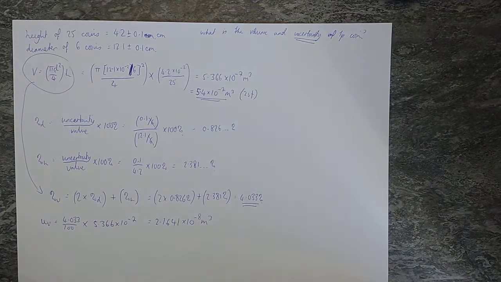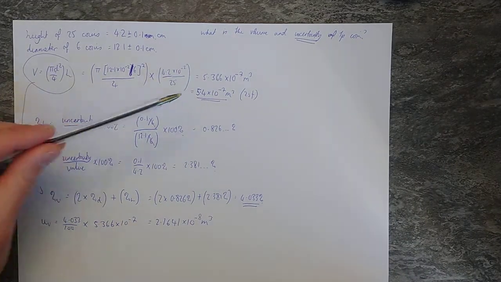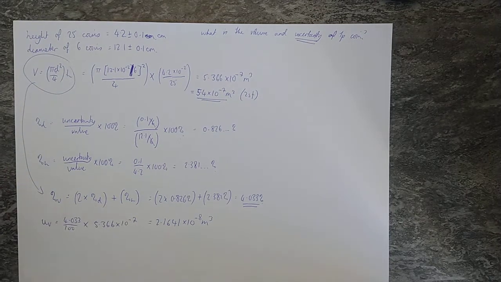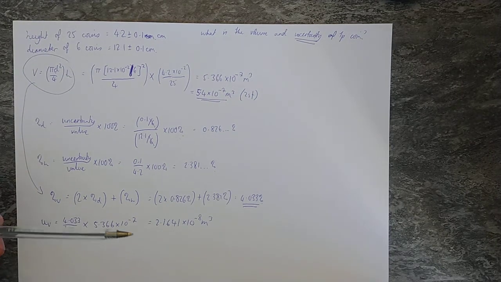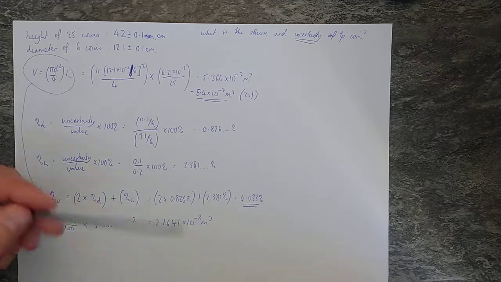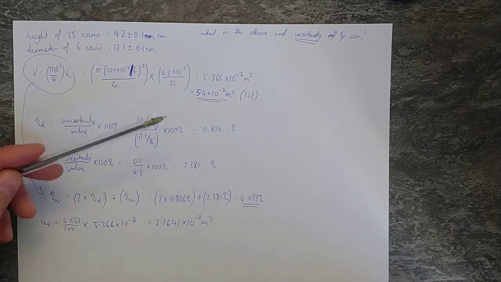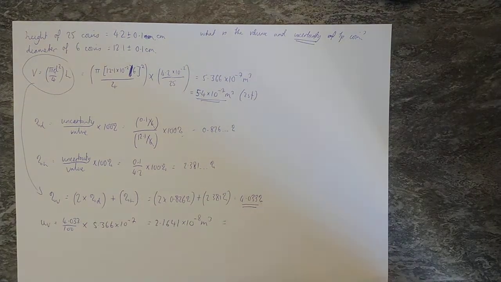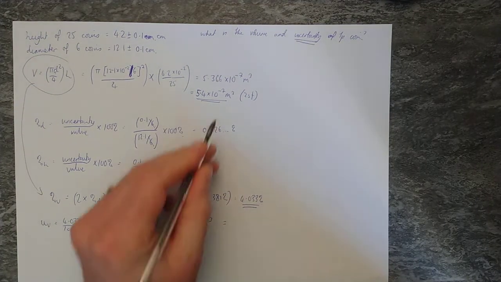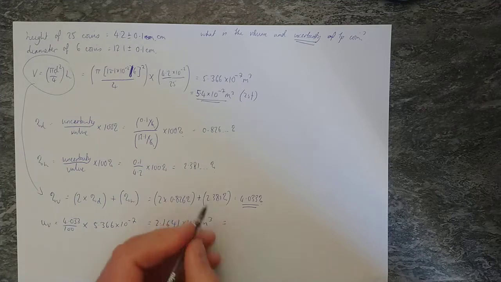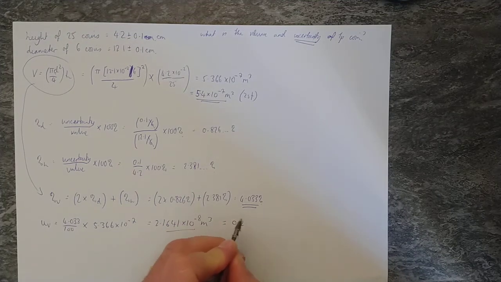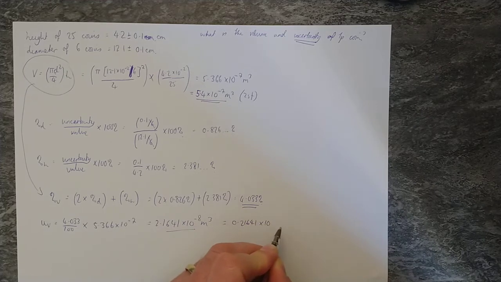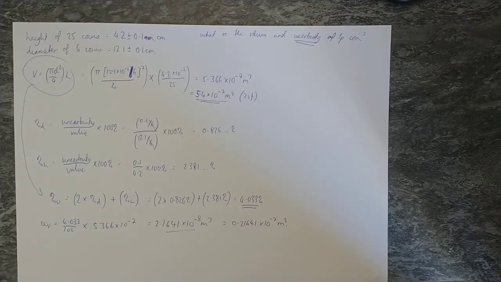Now, depending on how the question's asked, if it asks the two things separately, you can write that and you can write that. It may well ask you, however, for the two combined, what is the value and the uncertainty in it, and we need to make sure these are the same number of decimal places. So probably the easiest thing to do, because we've got different powers here, is to put them to the same power. So I can go 0.21641 multiplied by 10 to the minus 7 meters cubed.